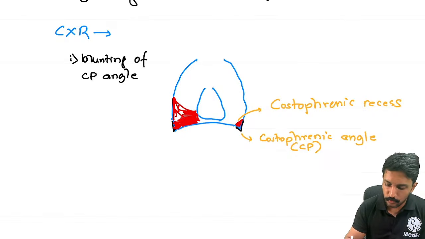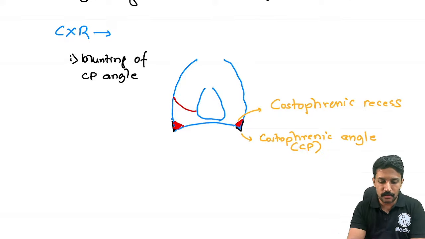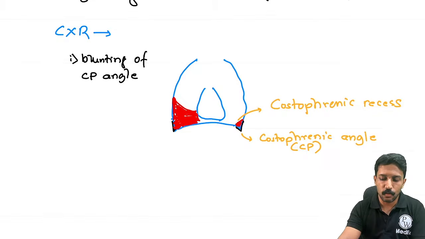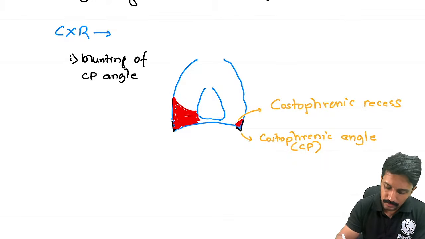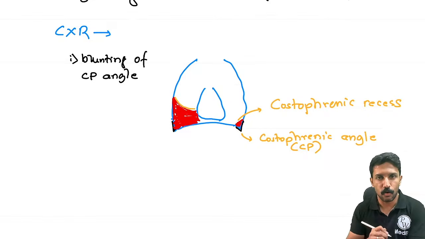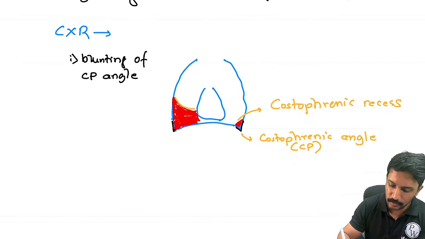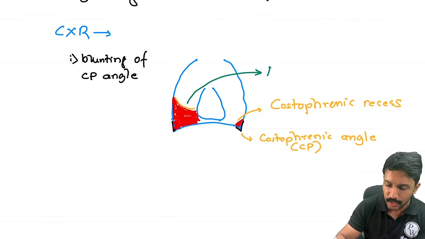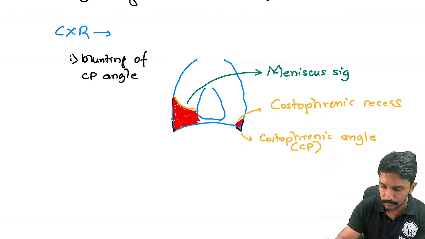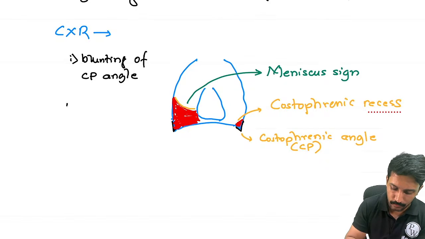So it is going to look like this. And when you see its topmost line, what does it look like? The topmost line looks like a concavity, and this finding is called the meniscus sign. So the second finding we are going to get is the meniscus sign.